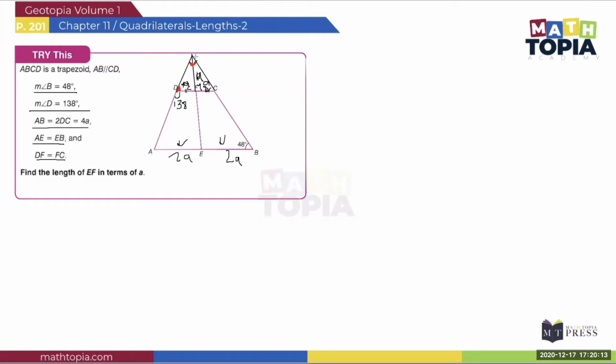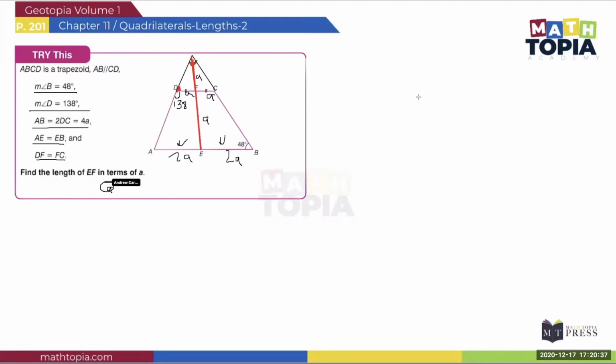Yeah, the median. This is going to be the same length. And actually, the whole thing is a median also, right? Yeah. So we have A. So this is going to be A as well. So EF is equal to A.